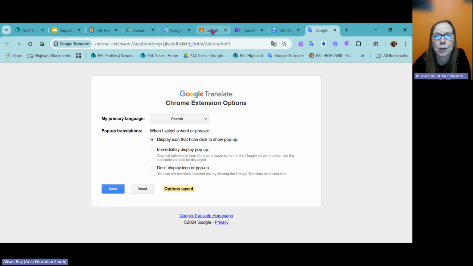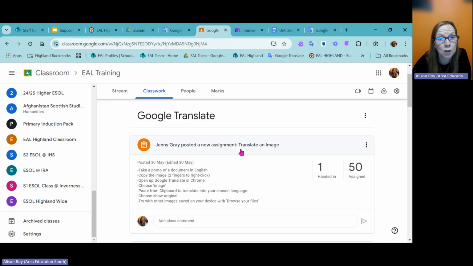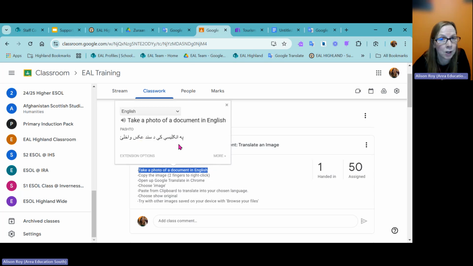And then if we go on to a classroom, you can highlight more than one word, and you'll see the Google Translate extension pop up. Click on it and you get the translation in another language, in this case, Pashto. For some of the languages, it allows you to copy and paste it back in, not for this one.